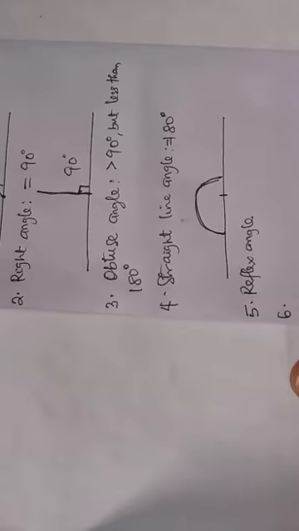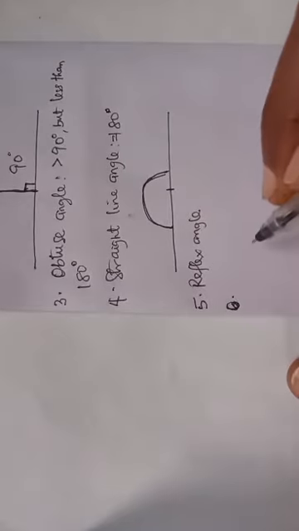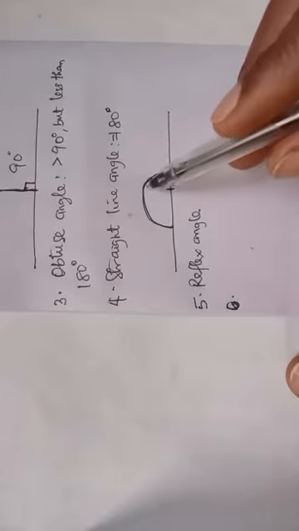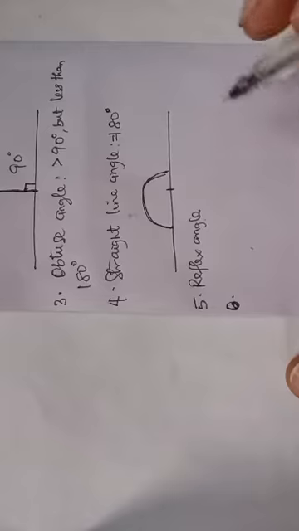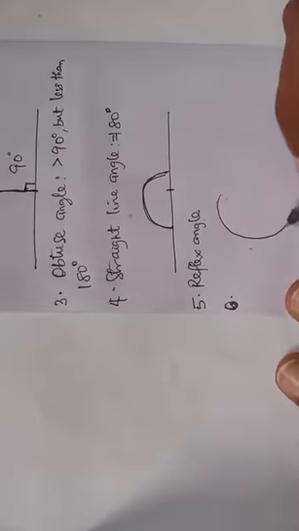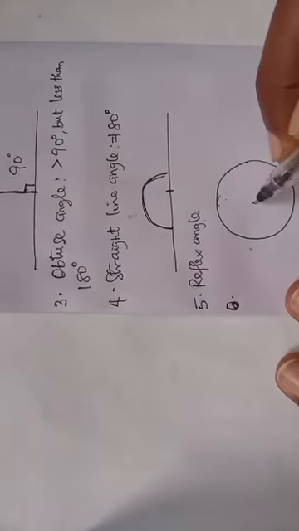Let me give you an example of this anyways. Remember this is 180, okay? So this angle is above, that means I'm going to have more than a straight line. Let's say I have a circle, something like this. Center of a circle.